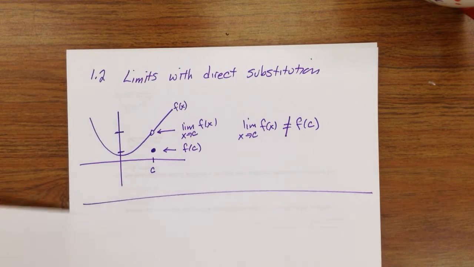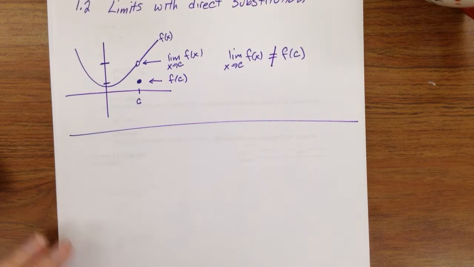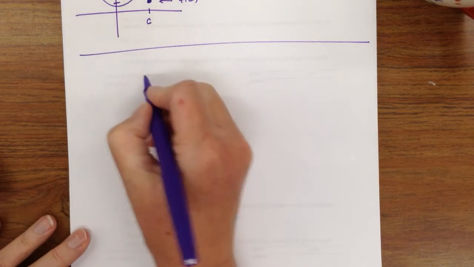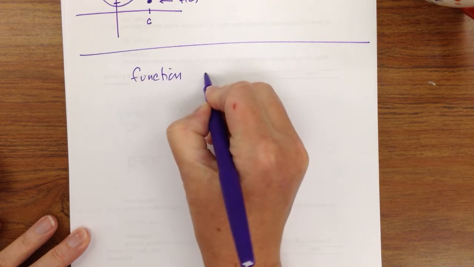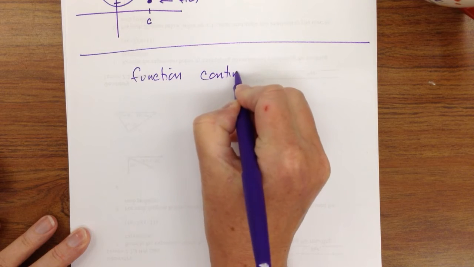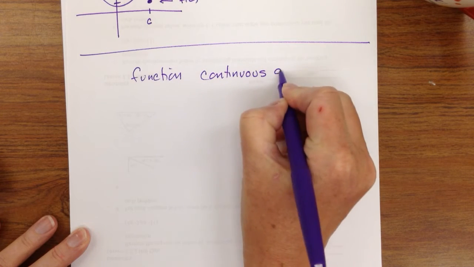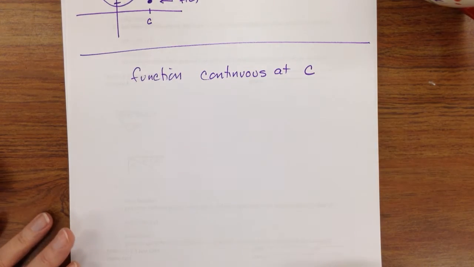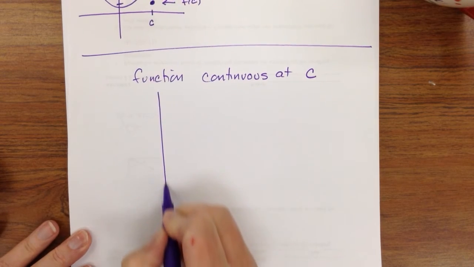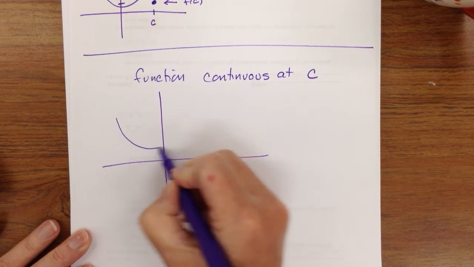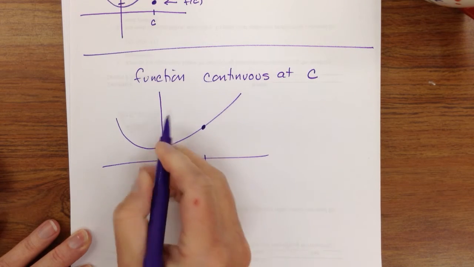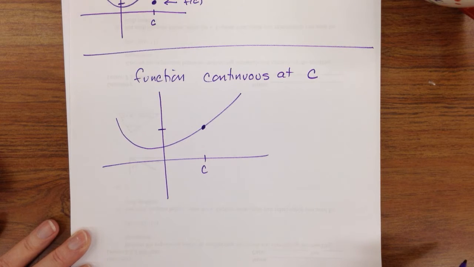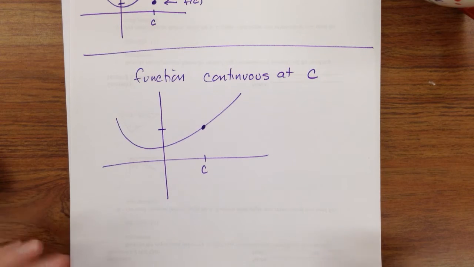In the case of what we call a well-behaved function, a function continuous at c, meaning, if we look at the picture, the dot height and the limit height are the same.